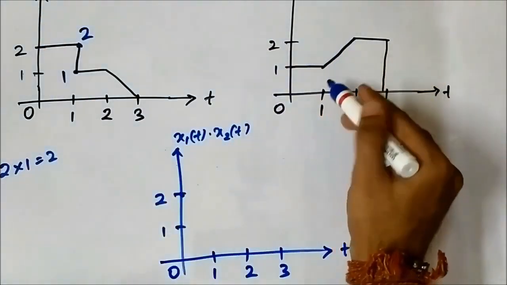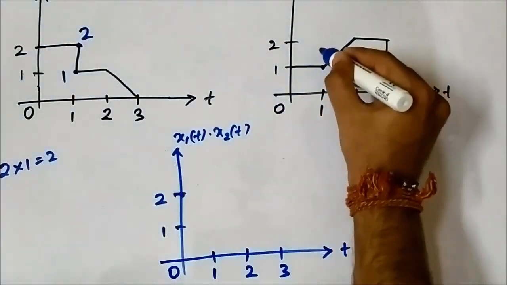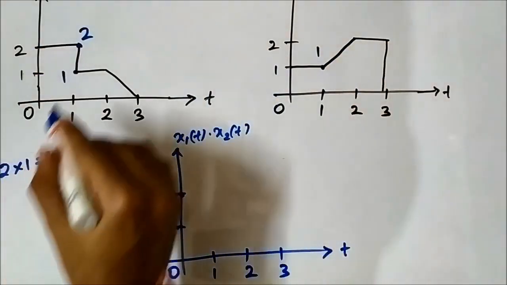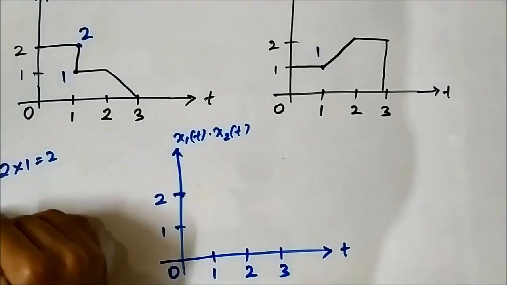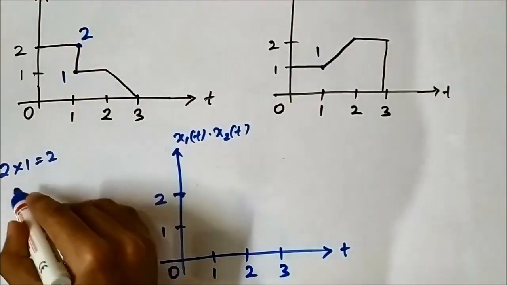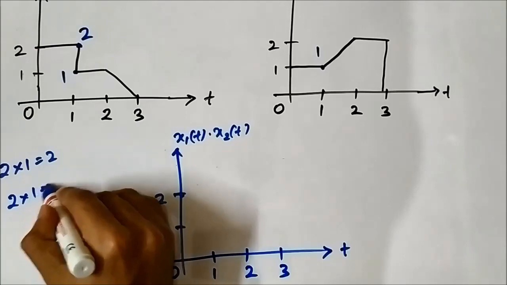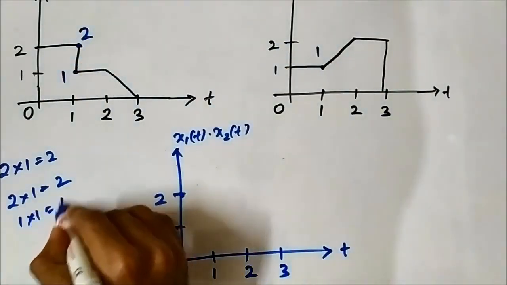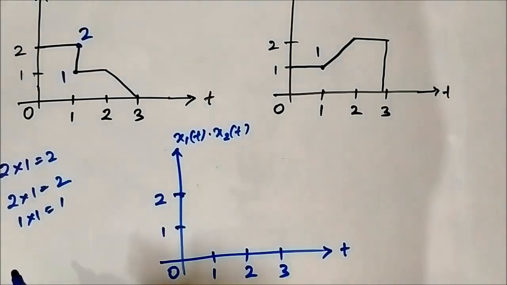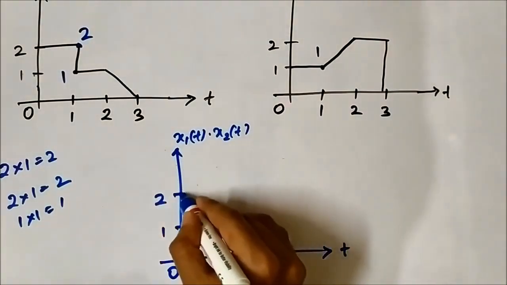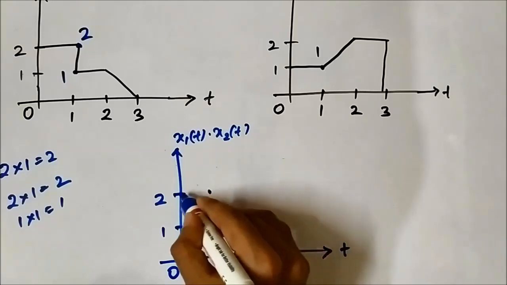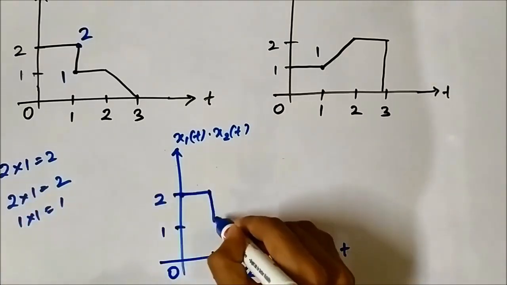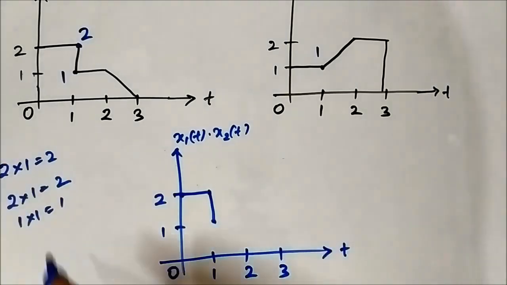But in x2(t), it has only one value, 1. So at t equals 1 it will be 2 into 1, which is equal to 2, and 1 into 1, which is equal to 1. So it will drop down to 1.